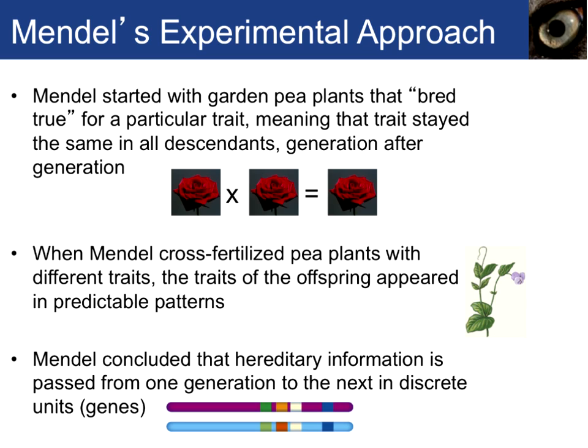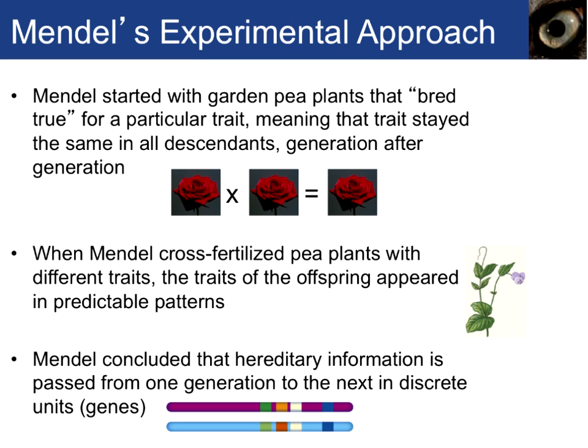And that means that those two parents breed true for that red trait. So this also means that if you self-fertilize a red rose, you also get the red rose as the offspring.